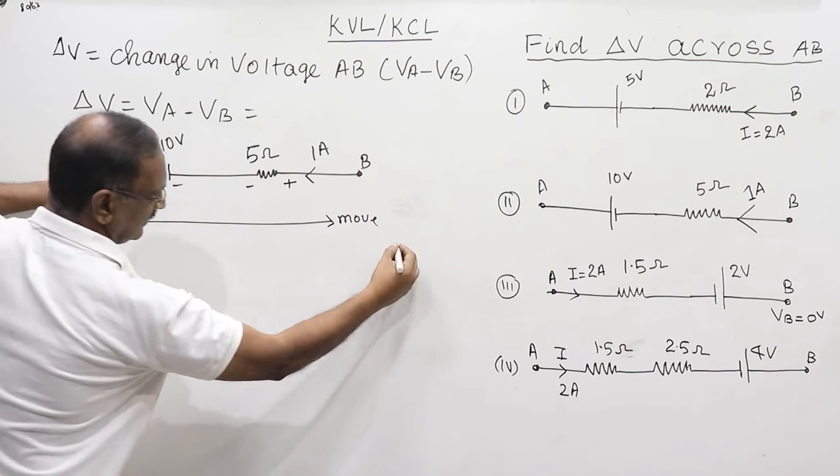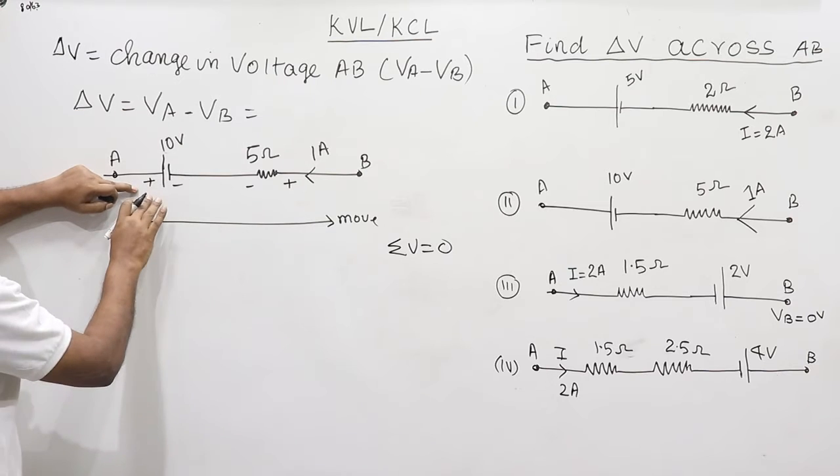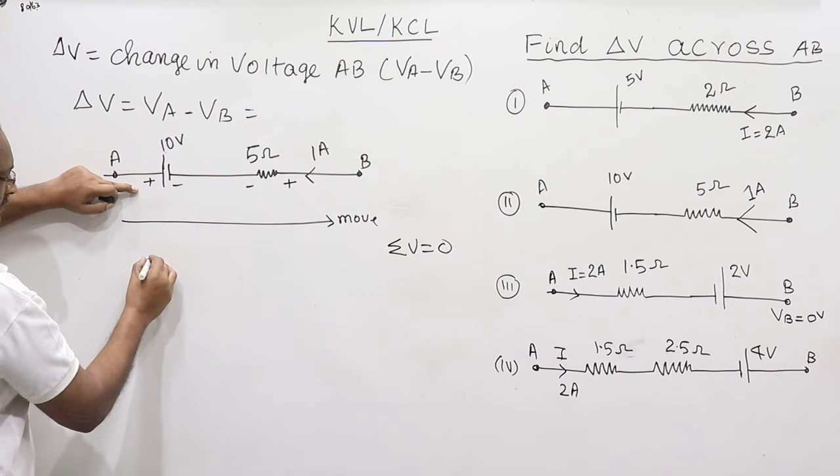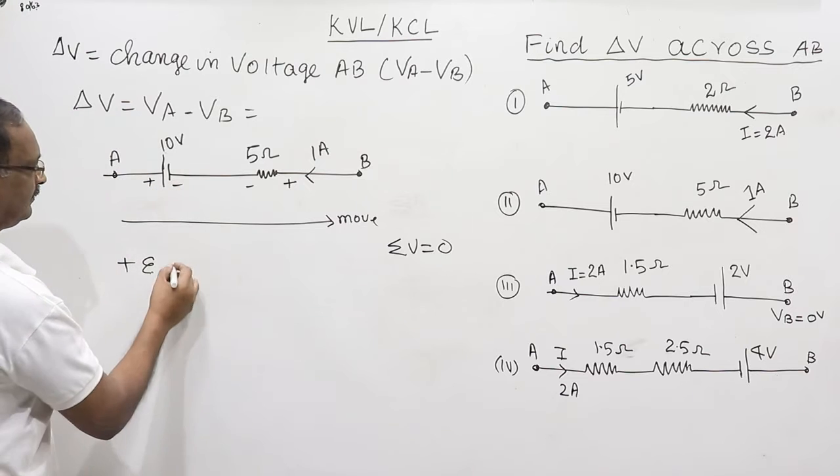So when we move this way, algebraic sum of voltage, KVL, is equal to 0. From here to here, this will be positive because we are moving positive to negative.